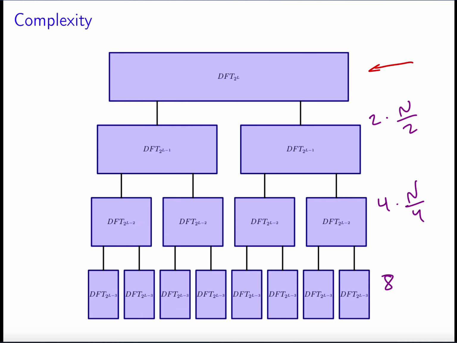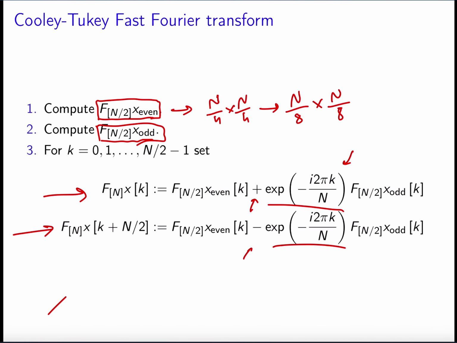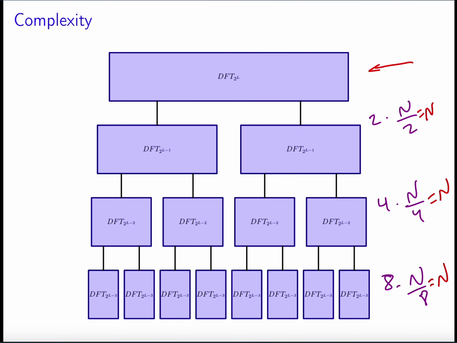Here we have 8 nodes, and the vector at each node is n over 8. So it turns out that the complexity at each level is equal to n. The operations of this recursion at this level, as we build up to the n-dimensional vector, basically the complexity is n at each level.